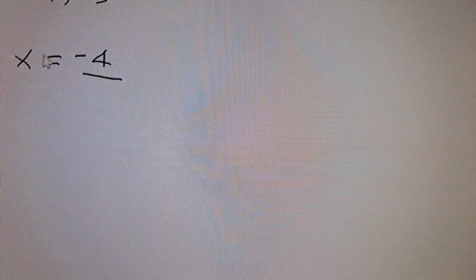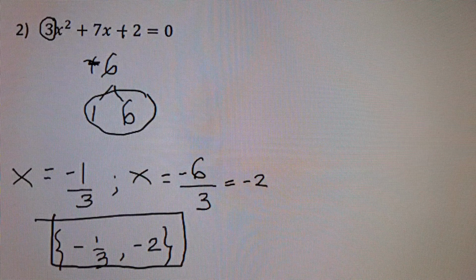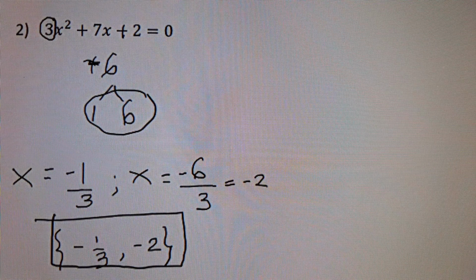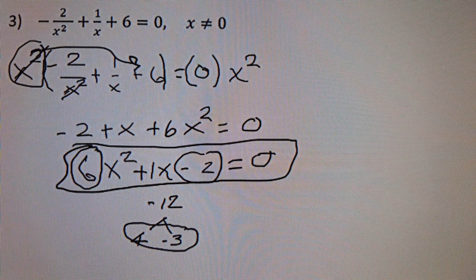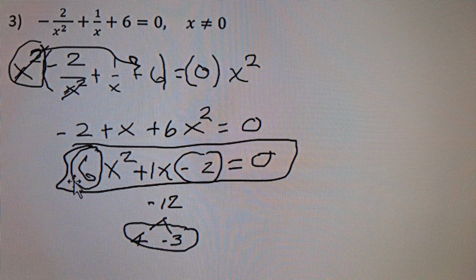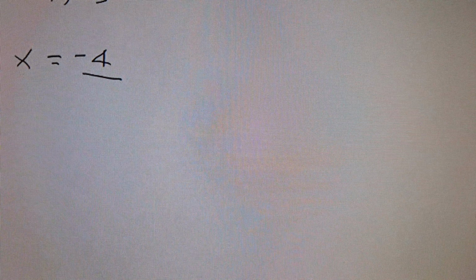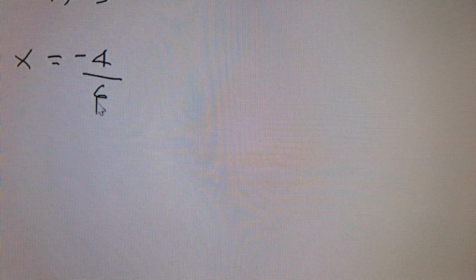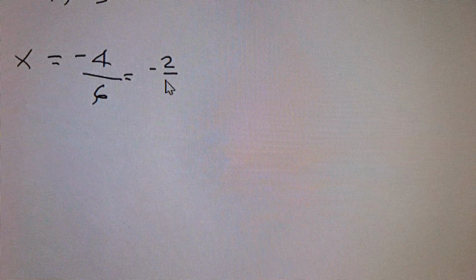And we need to divide by the leading coefficient, which was 3, right? Actually, it was 6. So we need to divide 4 by 6, which in turn will give us minus 2/3.